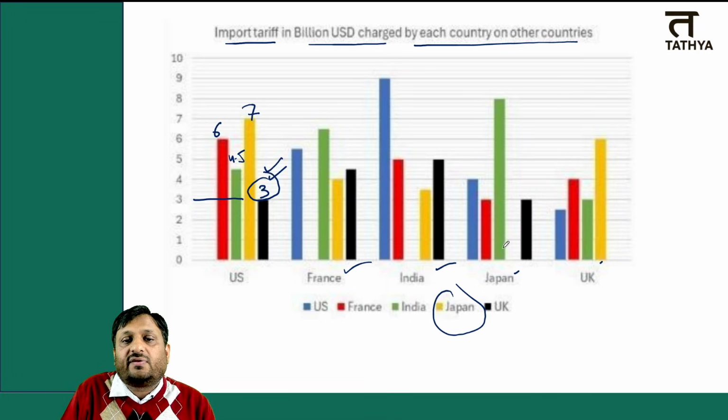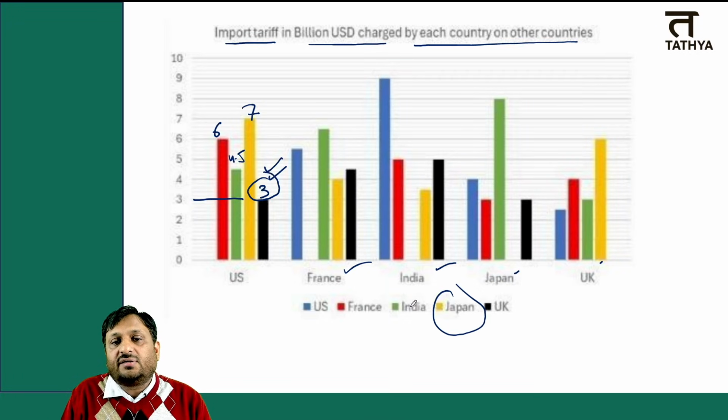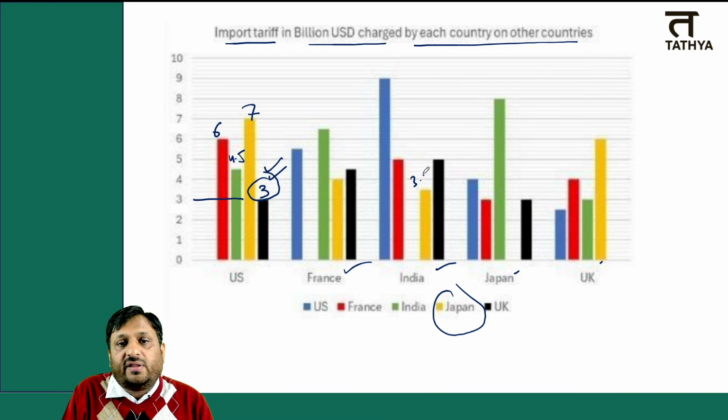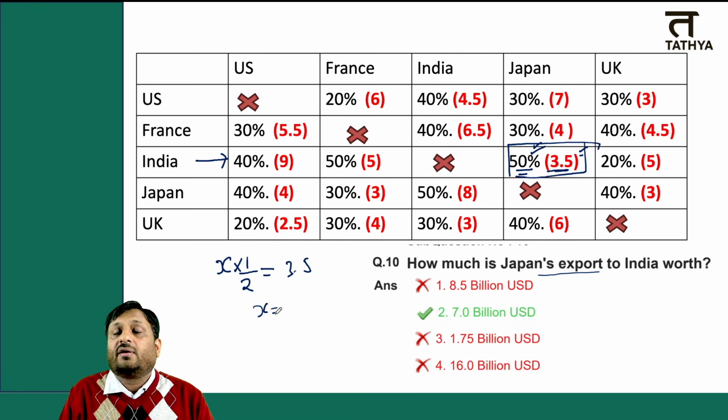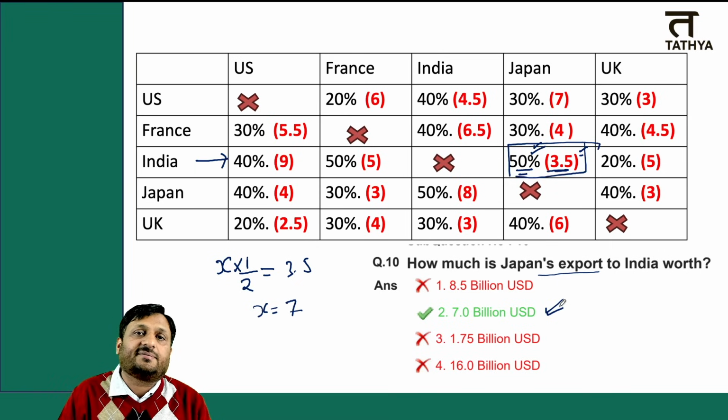You can see it is given here. Look, this yellow line is going between 3 and 4, so $3.5 billion. I have written it here. So half of the total import India has charged as tariff, which is 3.5. It means the total import from Japan to India, or export of Japan to India, is $7 billion, which is option second, my answer.